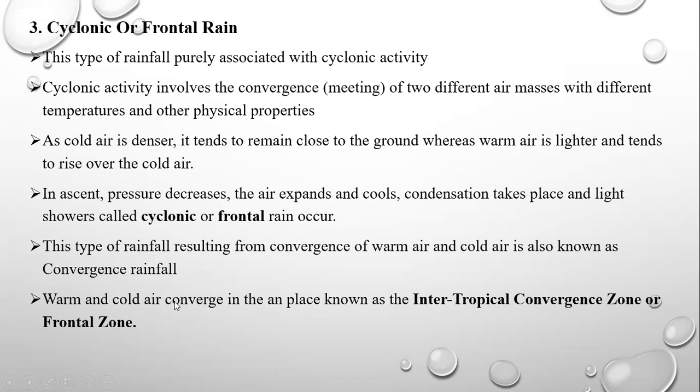Now, warm and cold air converge in a place known as the intertropical convergence zone or the frontal zone. This you must know. So warm air and cold air meet or converge in an area known as the ITCZ, the intertropical convergence zone.